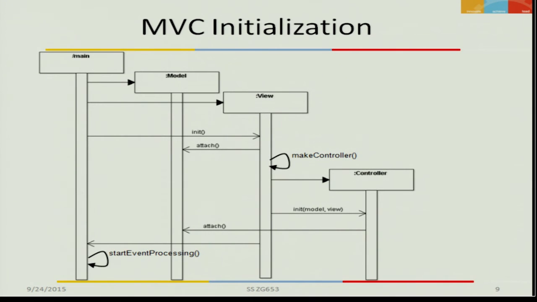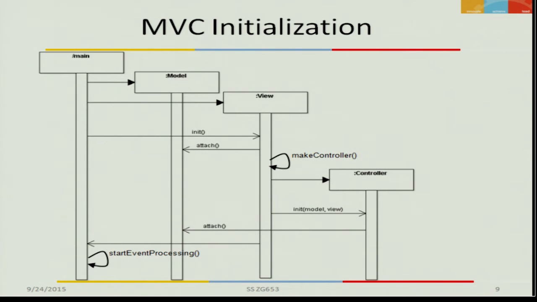So when this attach method is called, model essentially takes the handle or object reference of the caller, in this case the view as well as the controller, and basically puts this object reference into its own list, so that later on it can refer to that list and then notify.